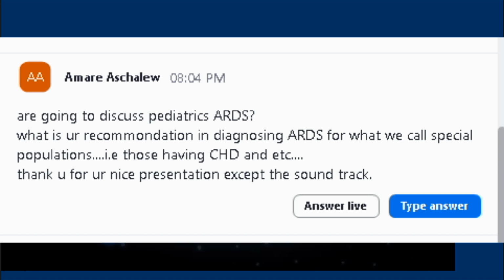The thing you should focus on is whether the lung problem the patient is having now is due to congenital heart failure or the ARDS. So that one you should keep an eye on. If the patient can have a congenital heart defect and ARDS at the same time, I think this is the question he's trying to ask.